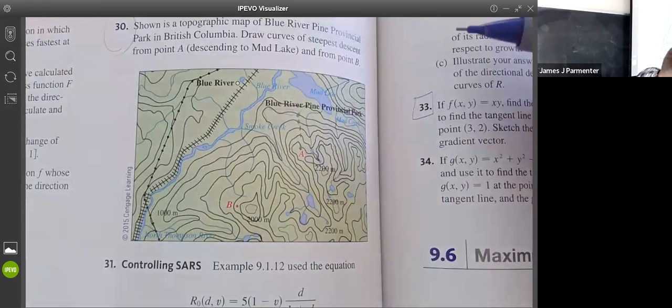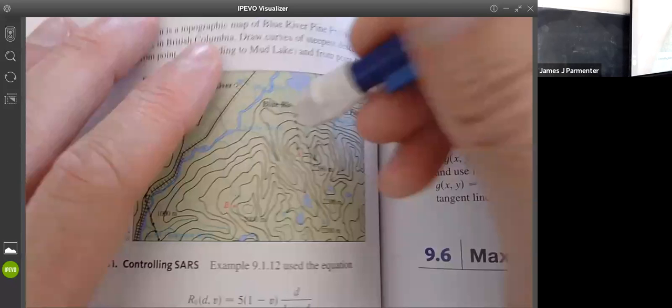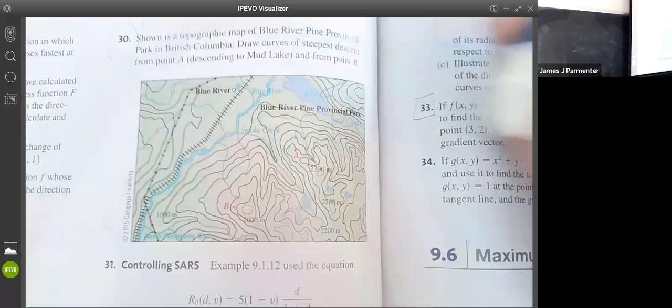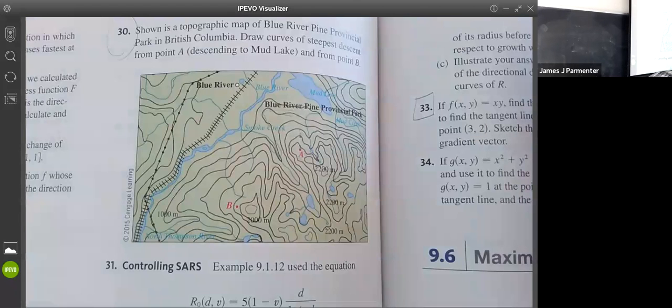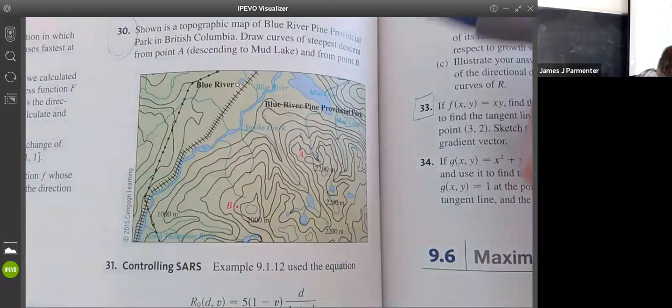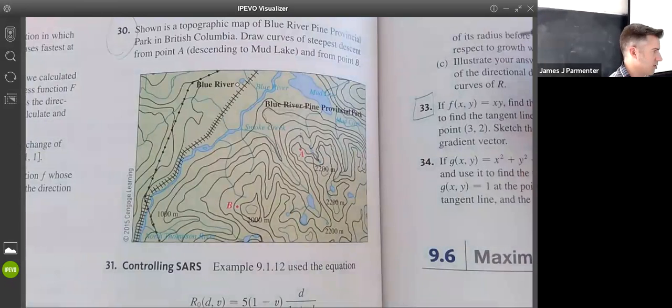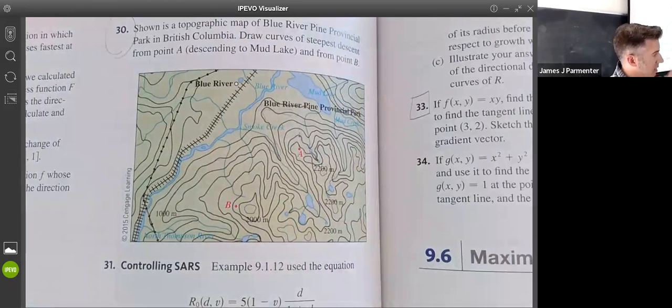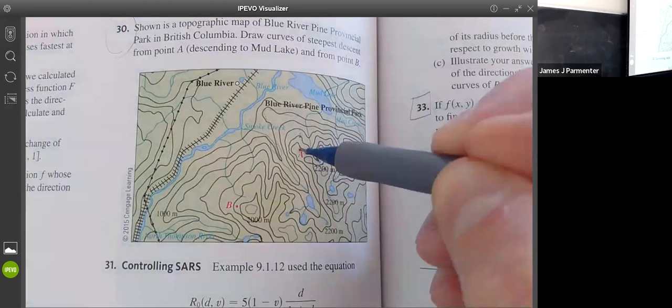So our job is to draw curves of steepest descent from point A. Essentially, if you're trying to descend or ascend as quickly as possible, you're trying to cross as many level curves as possible in the shortest distance. So I'm trying to go from here to Mud Lake.